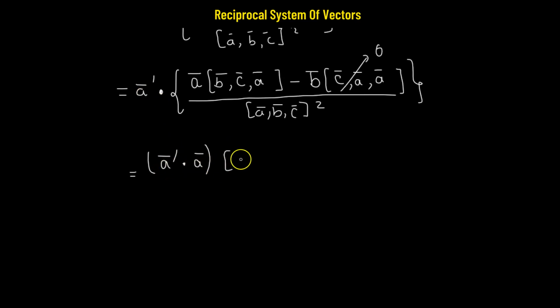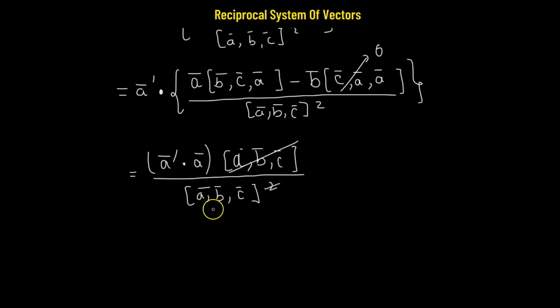So this is multiplied to the scalar triple product of B, C, A. This is cyclical in nature, so we can also write it as A, B and C and it would mean the same thing. Divided by the scalar triple product of A, B, C squared. So this is a scalar number. This cancels out with one of the scalar values in the denominator.